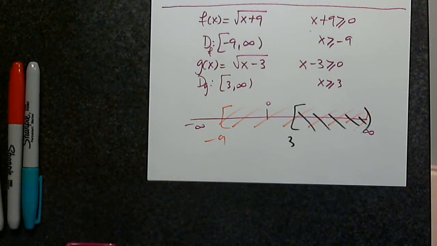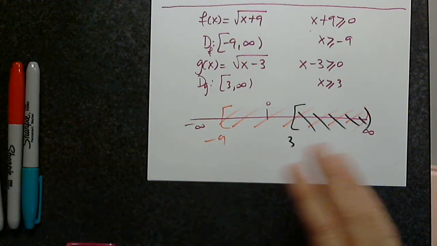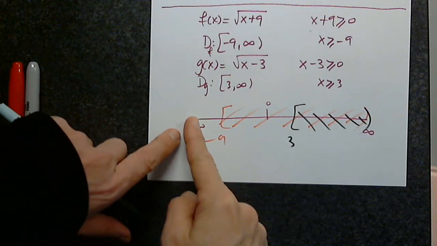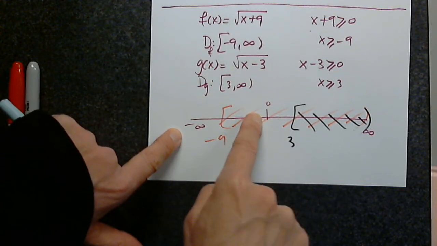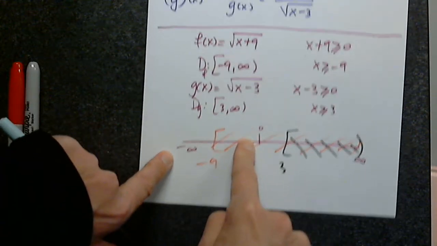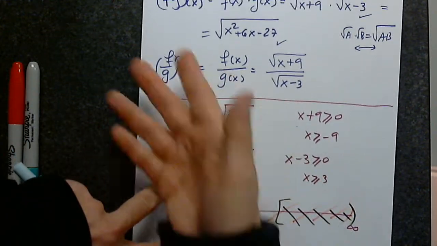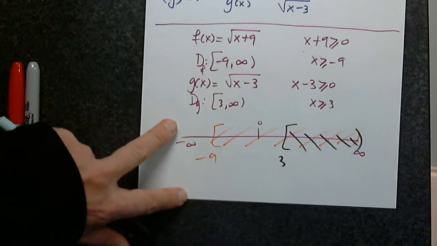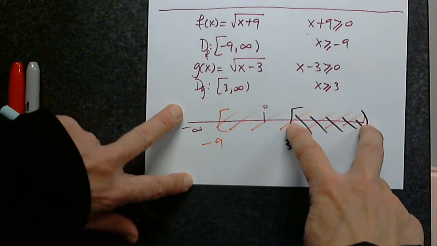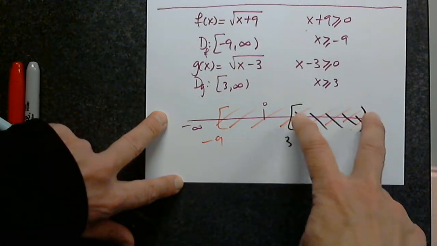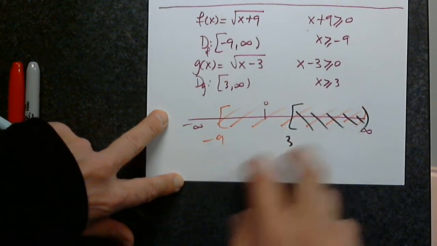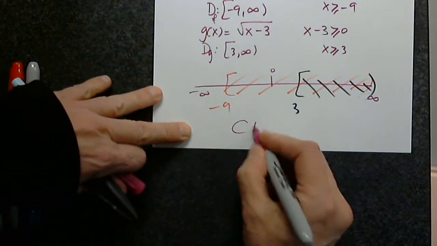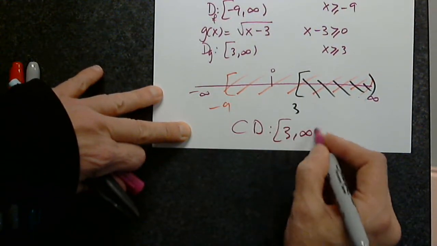So the common domain must be where both territories are together. If I pick a point here, no function exists. If I pick a point here, only one of them exists. So if I want to evaluate the sum, difference, product, or ratio, I have to pick a point here and evaluate it here. So the common domain is 3 to infinity.